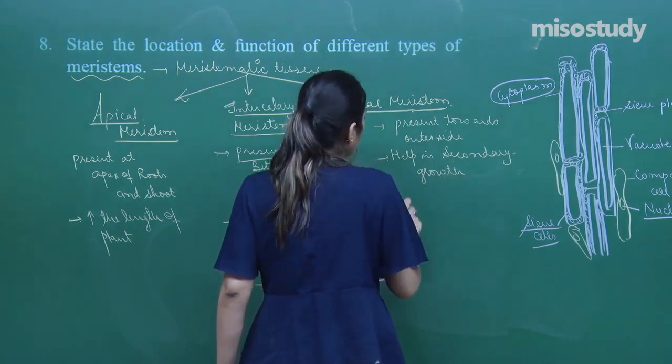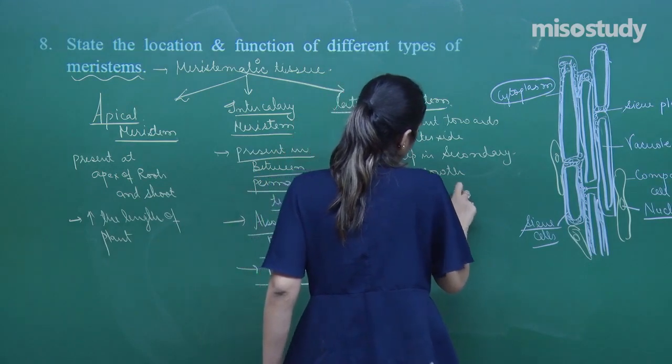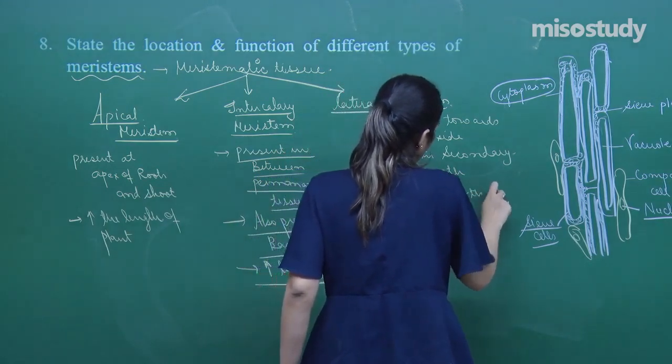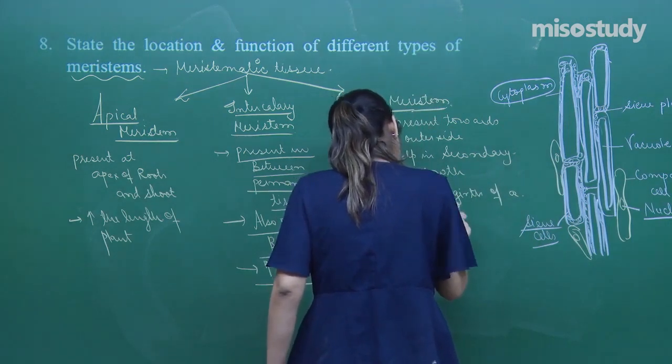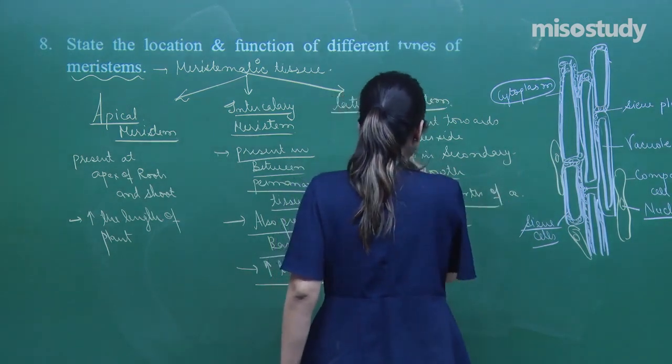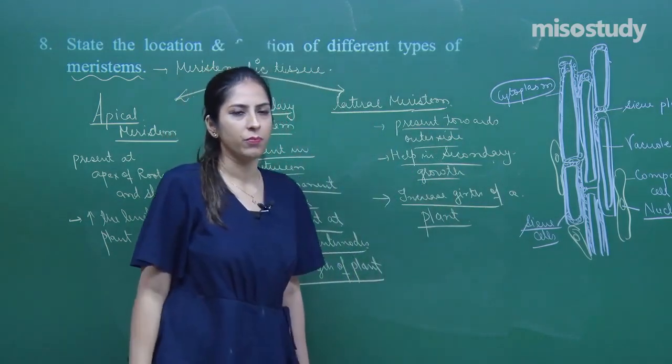And overall what they do? Increases girth of a plant. This is what you have to explain in lateral meristem.